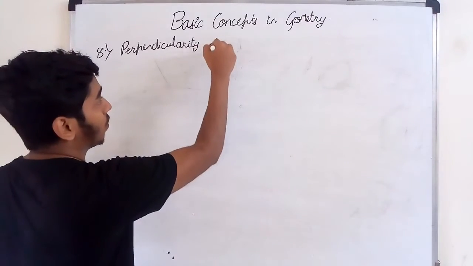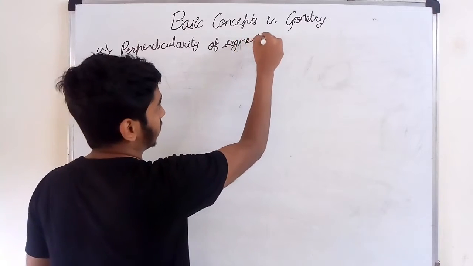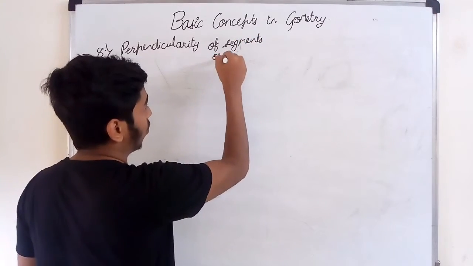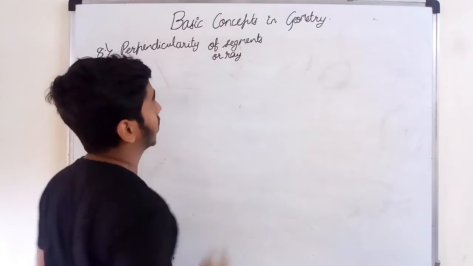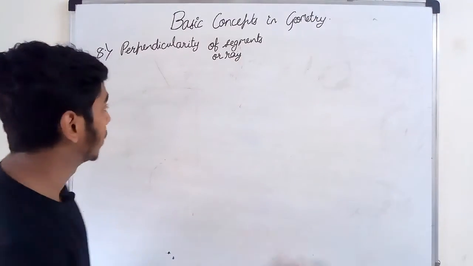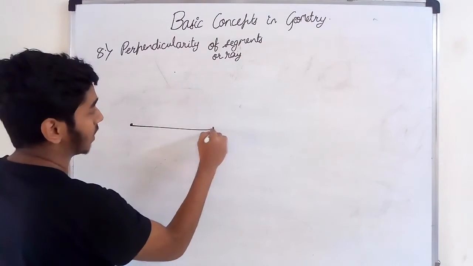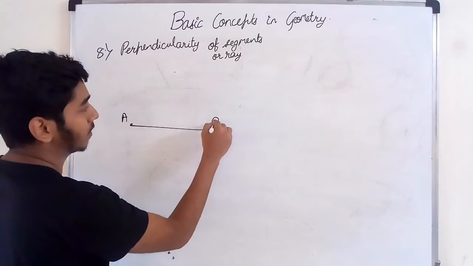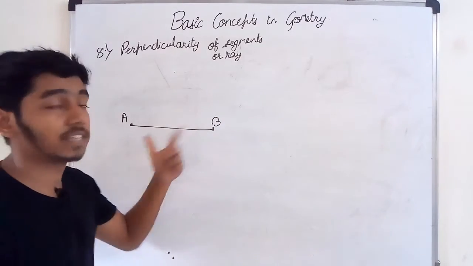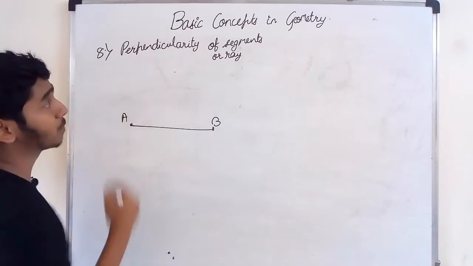Perpendicularity of segments or ray. So let's say we have a segment AB. If you have a segment AB, then what is perpendicularity?